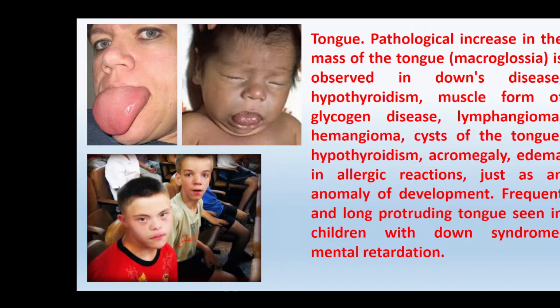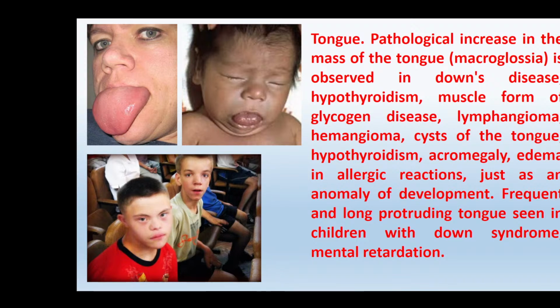What about the tongue? Pathological increase in the mass of the tongue, macroglossia, is observed in Down's disease, hyperthyroidism, muscle glycogen disease, lymphangioma, hemangioma, cyst of the tongue, acromegaly, edema, or allergic reaction, or just an anomaly of development.